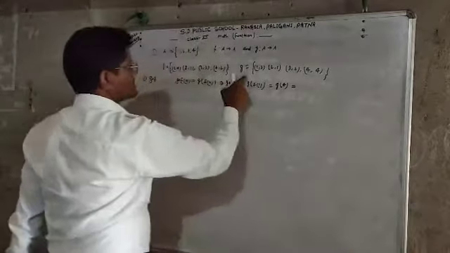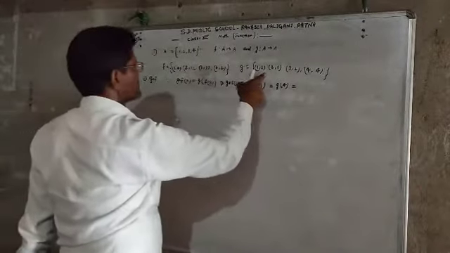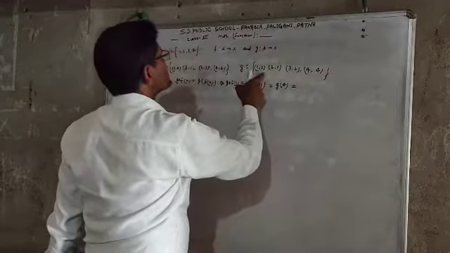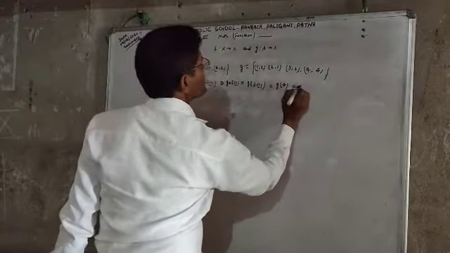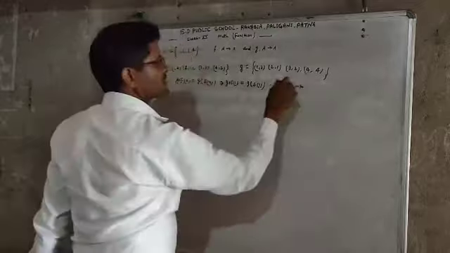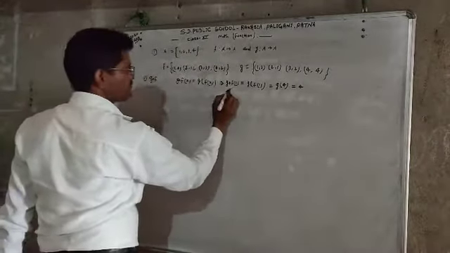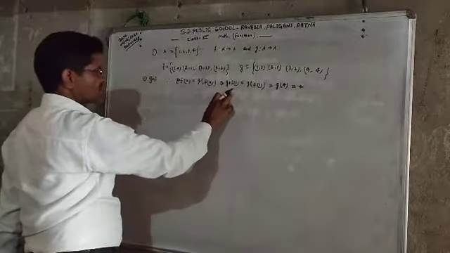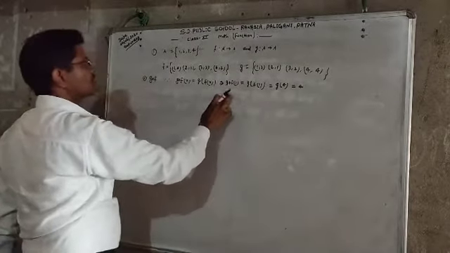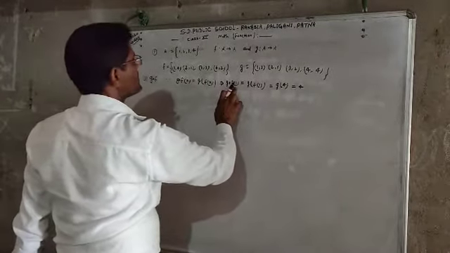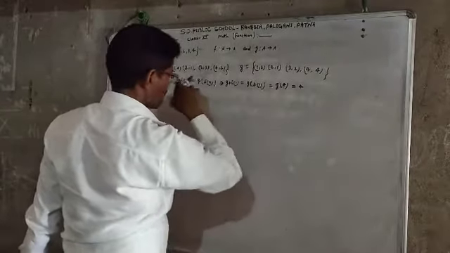From the second function g, the image of 4 is 4. Hence from the composition of the functions f and g, the image of 1 we get is 4.